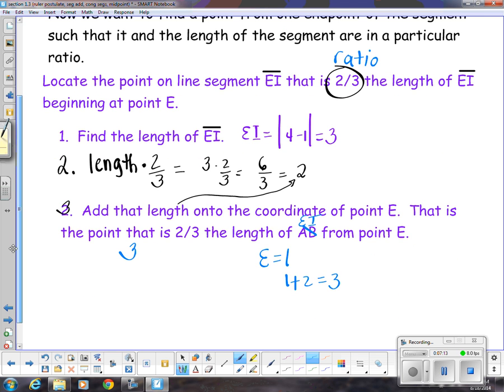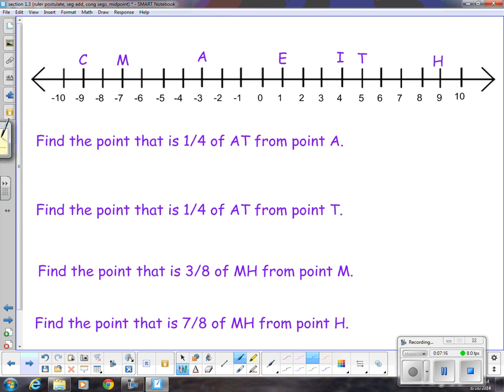All right, let's do another one. Find the point that is 1/4 of AT from point A. Here is A, here is T. So the length of AT is the absolute value of 5 minus -3, which is going to be 8. Now I'm going to take 8 and multiply by 1/4.